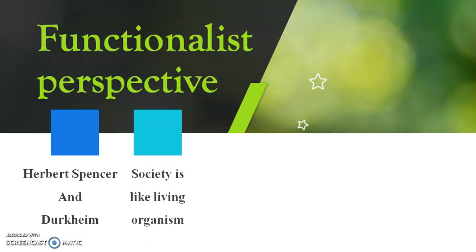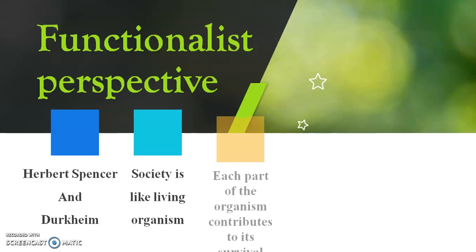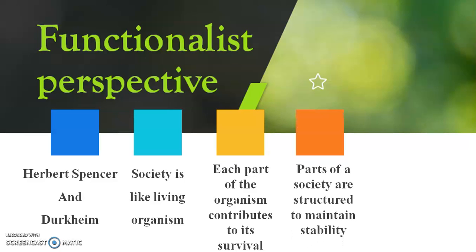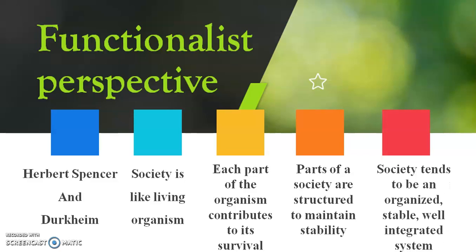The functionalist views society as a living organism, in which each part of the organism contributes to its survival. Functionalists give importance to the way that parts of a society are structured to maintain its stability. Functionalist theory assumes that society has a tendency to be an organized, stable, well-integrated system.